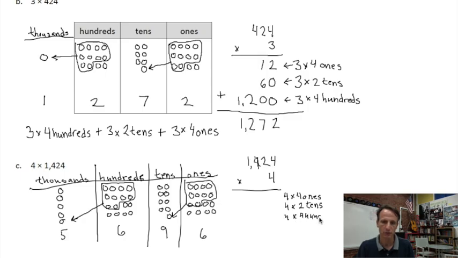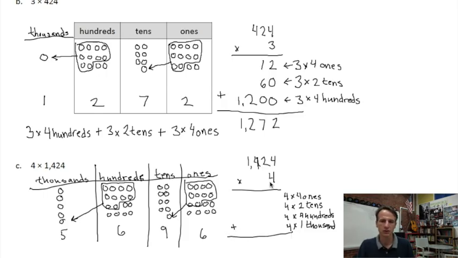You see why I didn't bother writing out that sentence, because I'm doing it right here. And then lastly, 4 times 1,000. And then I know I will be adding all of these together to get my final product.